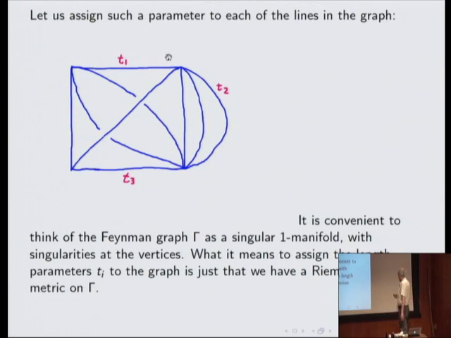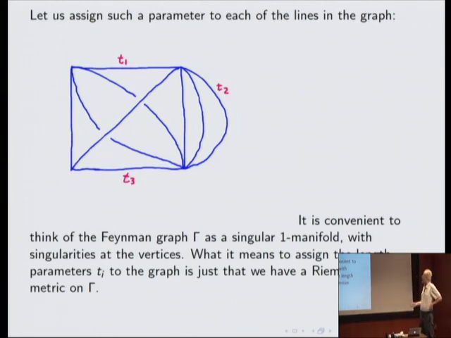Now, what it means to assign a length to each leg is just that the graph has a Riemannian metric. What it means to place a Riemannian metric on the graph is what you think it means. On each 1 manifold making up the graph, we have an ordinary Riemannian metric, which is a length element. In 1 dimension, a Riemannian metric is a 1 by 1 matrix that just tells us the length of a little piece of line. But up to diffeomorphism, there's only one invariant: the length of the interval.